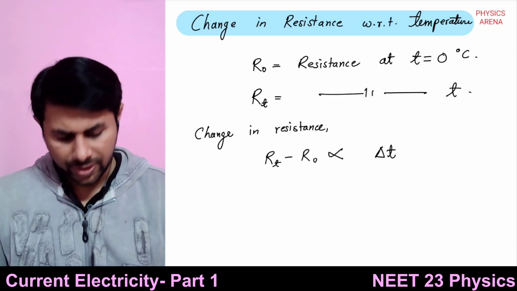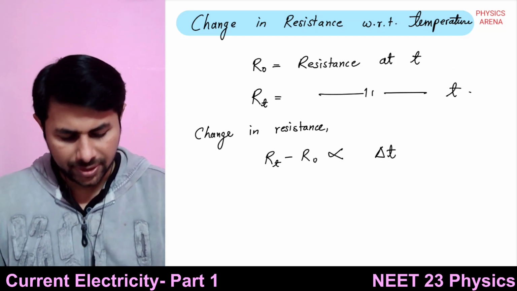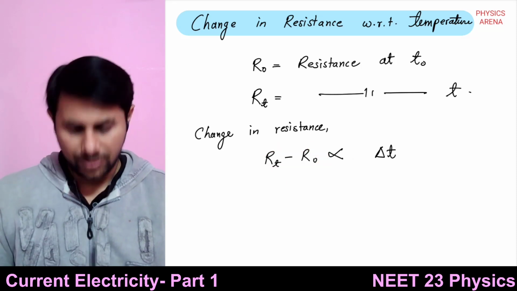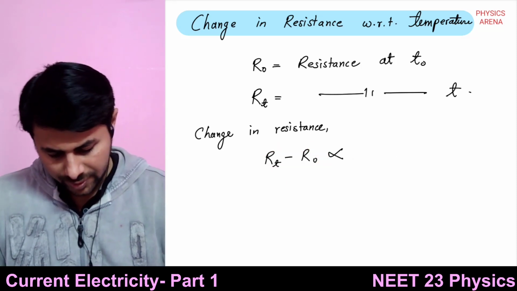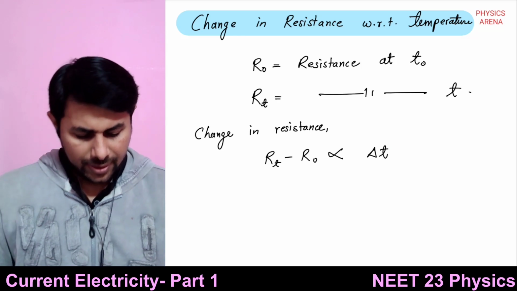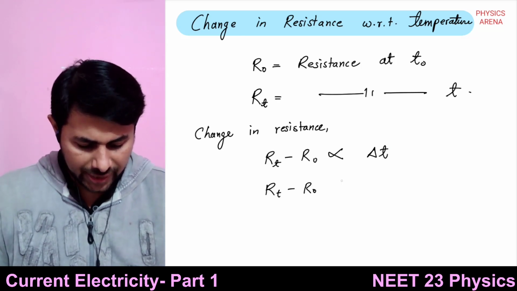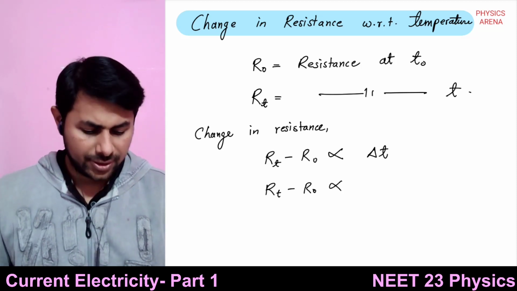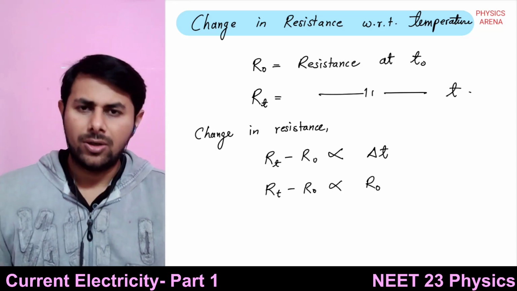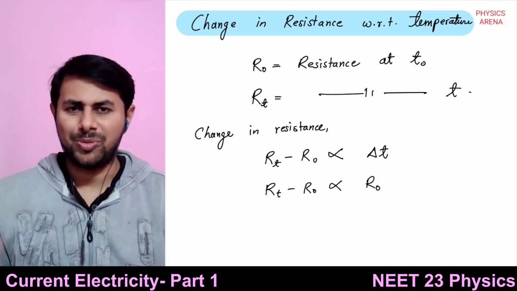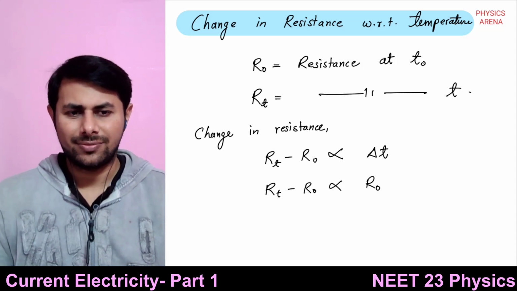Instead of 0 degrees Celsius, let's take T0. So RT minus R naught would be directly proportional to delta T, and it will also be directly proportional to the original resistance.